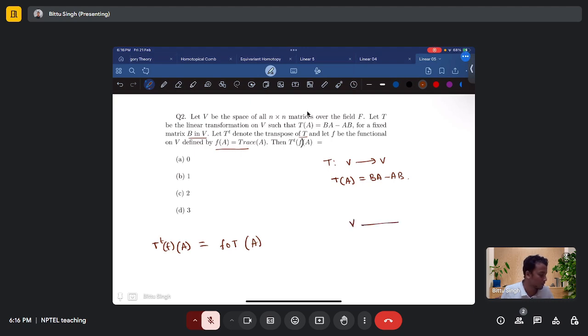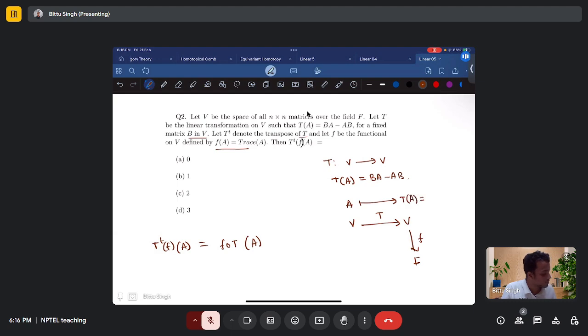We have a linear operator T from V to V, and given there is a linear functional f which maps V to the scalar field F, right? So by definition, if we start with an element A, then we have TA.